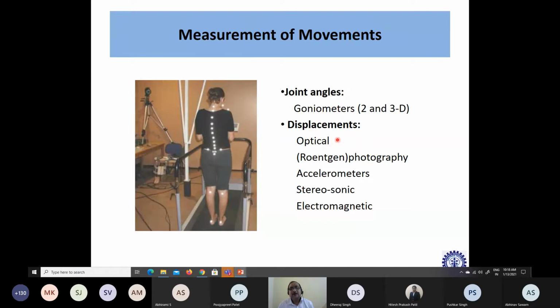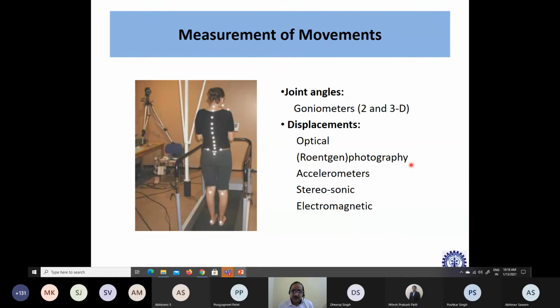The optical markers you can see already in the figure, where there are fluorescent markers that are fixed on several parts of the body to measure movement of these points. We can consider these markers as points, and we measure the movement of these points during a physiological activity.